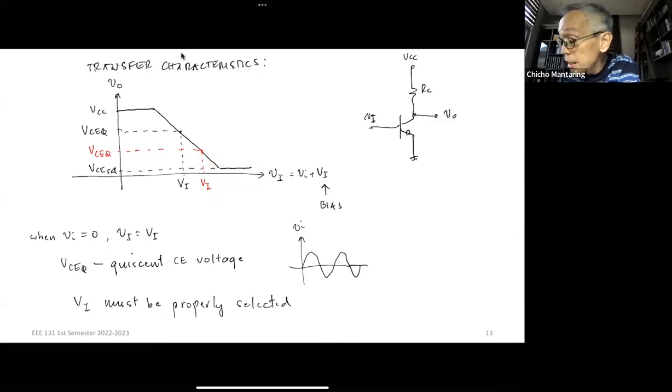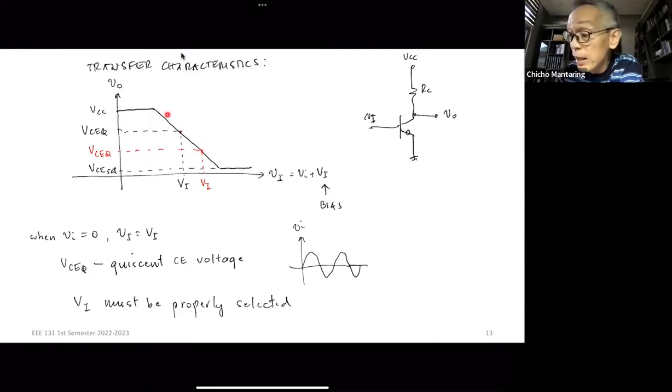So that limits the height now of my V's of I, because if this is too high, aabot ako kaagad sa saturation. Whereas when I was here, my V's of I could be higher before I reached saturation. So obviously this point is a better quiescent point than this point, no?